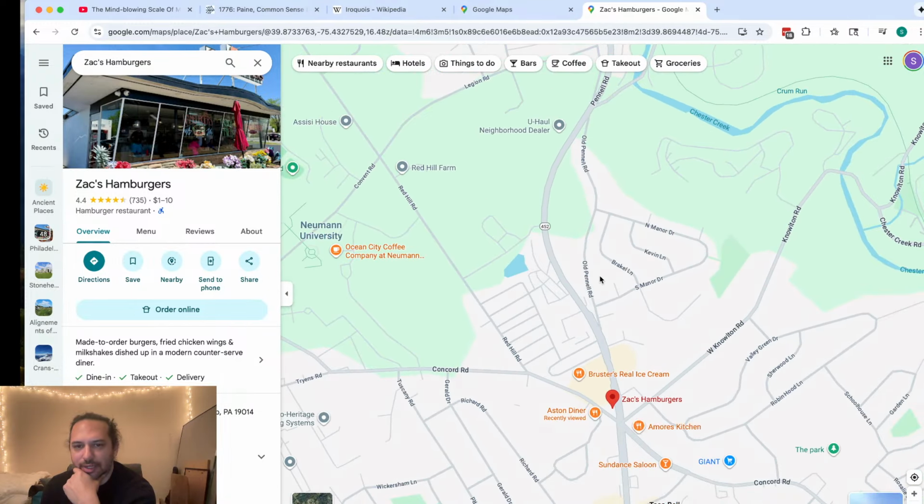I guess somewhere probably along Chester Creek is where there would be some Lenape activity. We can mark, like, here's a little tributary, Crum Run. That looks interesting. Let's take a look at the overhead here.